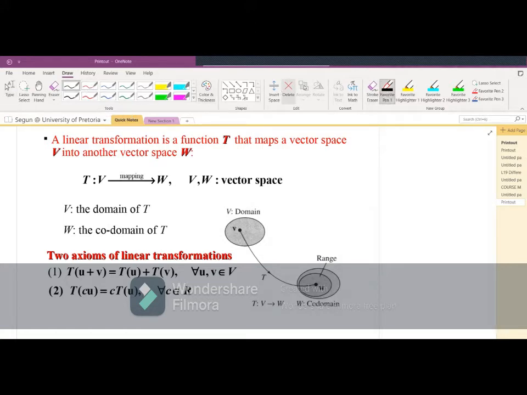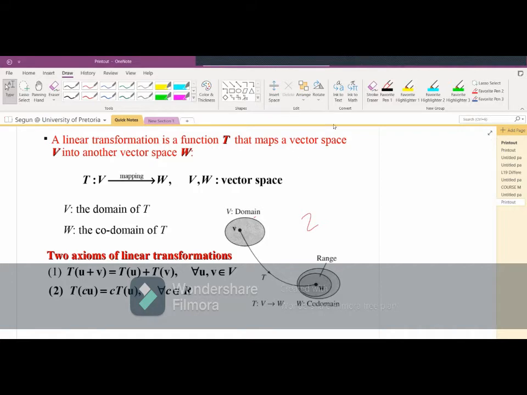One of it is what we are about to witness now. So here we have what we call a linear transformation. It is a function T that maps a vector space V into another vector space. For example, we have it in this place, as you can see here.